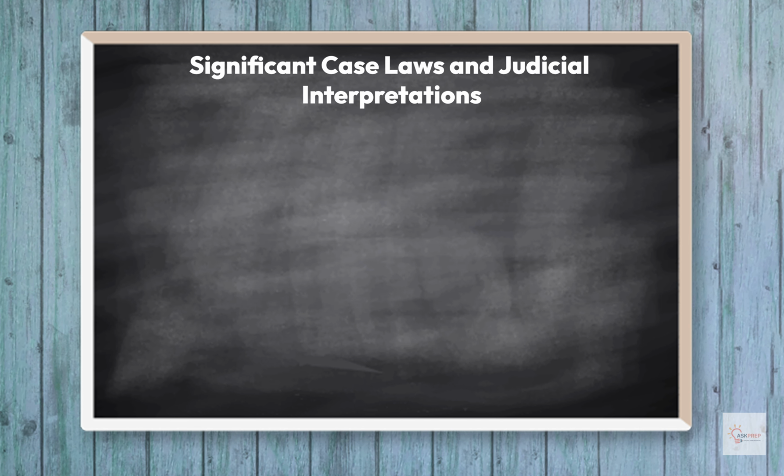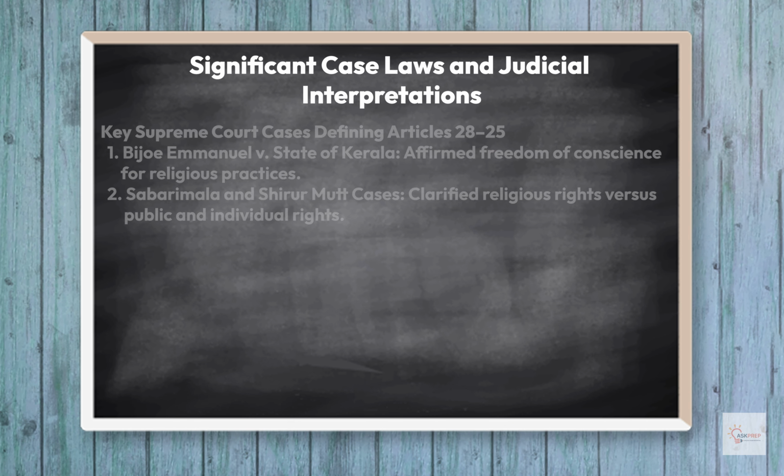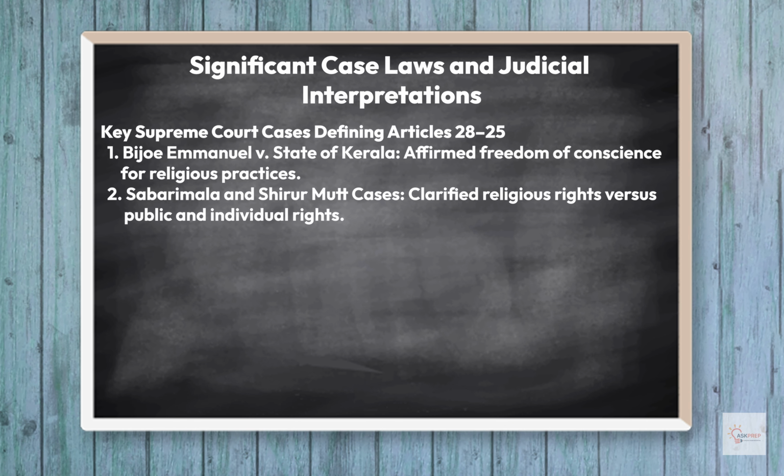Now let's talk about the seventh point, significant case laws and judicial interpretations. Key Supreme Court cases defining Articles 25-28. Bijo Emmanuel v. State of Kerala affirmed freedom of conscience for religious practices.